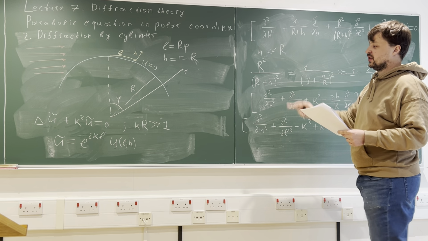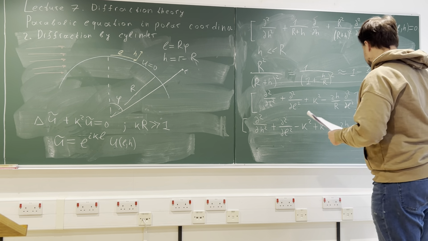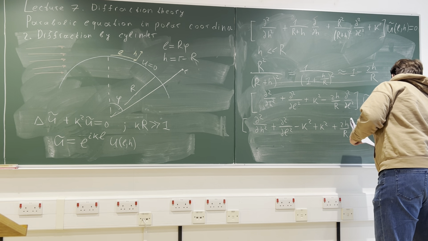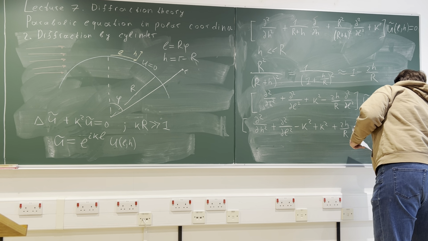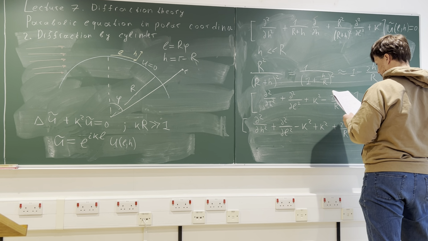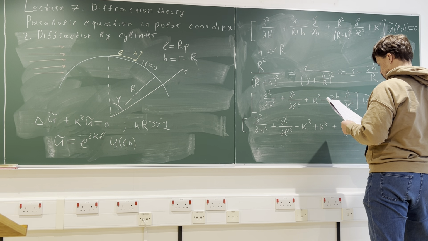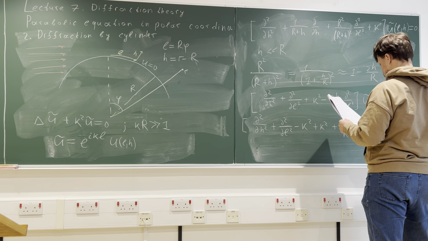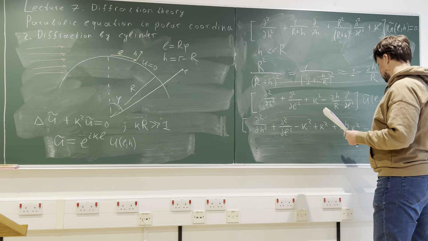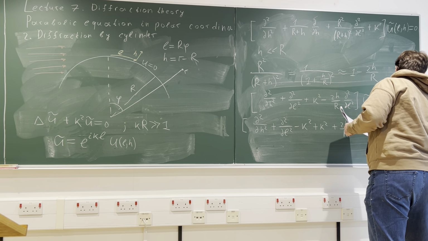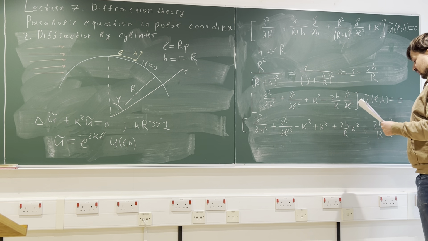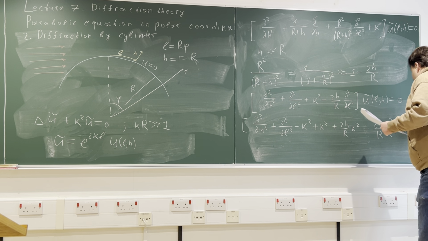Once we differentiate the exponent, another time we differentiate the field. And there will be first order terms as we had last time. This is the second order term, and then cross terms.